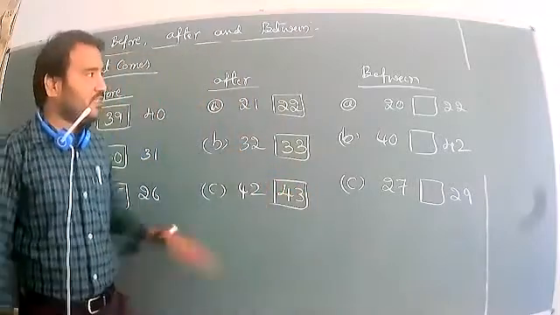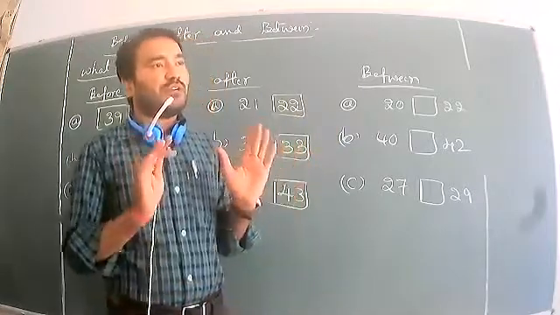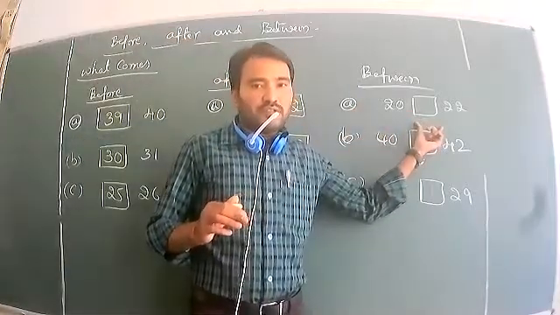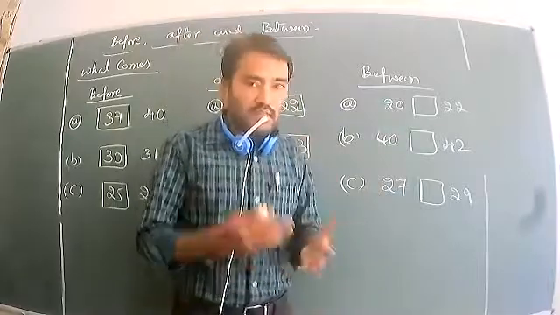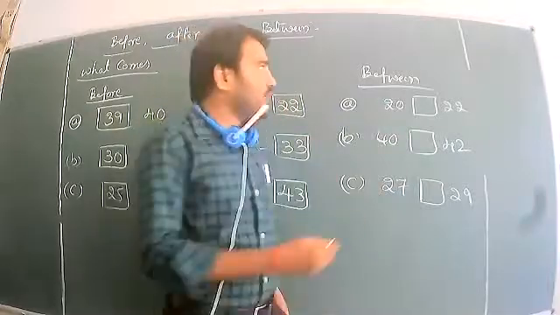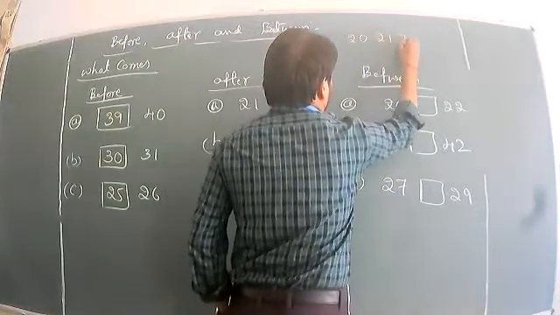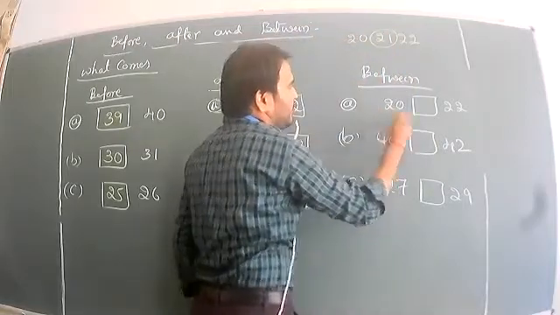Next, here is a between number, so two numbers are given. We have to write all the numbers 1 to 50. After 21 is 22, and before is 20, so the number between is 21. We should write it in the place of 21.